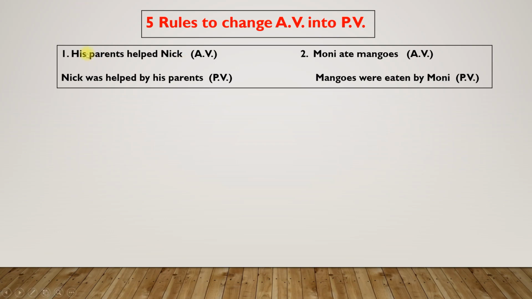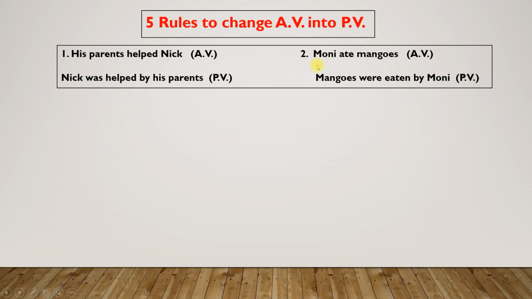Of course, this is an active voice because the subject, his parents, is highlighted in the sentence. How is the sentence changed into passive? What is the subject here? Yes, his parents. And what is the verb? Helped. What is the object? Nick. So, the right answer: Nick was helped by his parents.